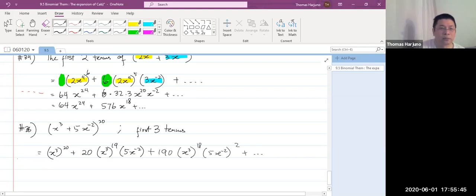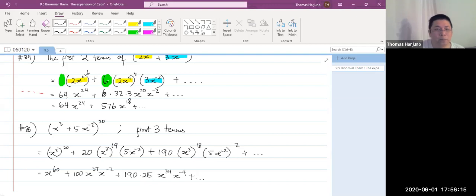Now the first term is x to the 60, plus 100 x to the 57, x to the negative 2. You know what? Let me just see. Plus 190 times 25, x to the 54, x to the negative 4.